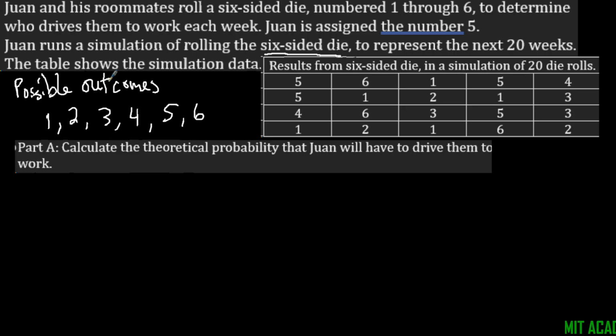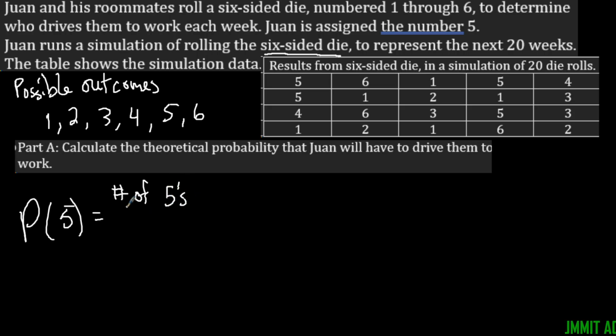When I'm thinking about the theoretical probability, I would say the probability of rolling a 5 is equal to the number of 5s divided by the total number of sides, meaning how many sides it has in total.